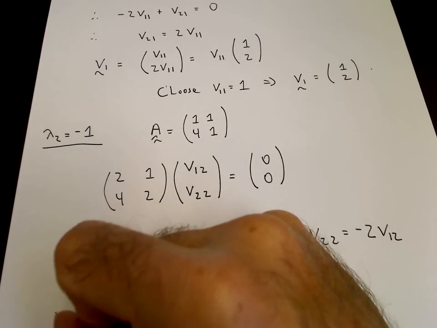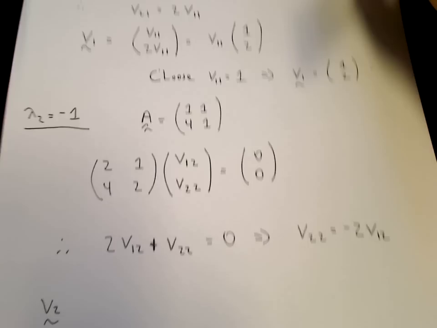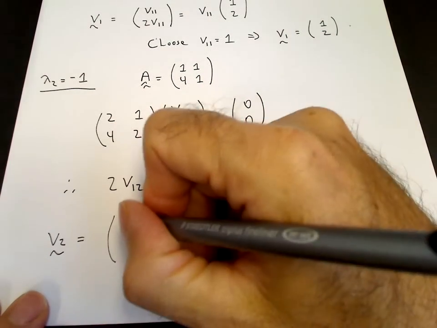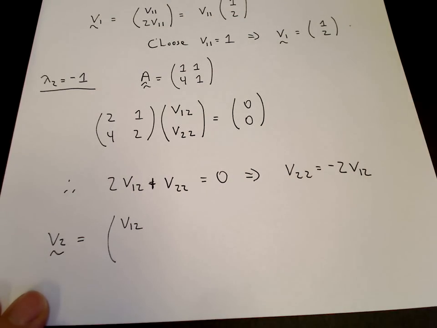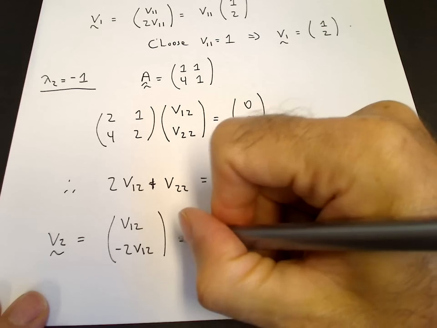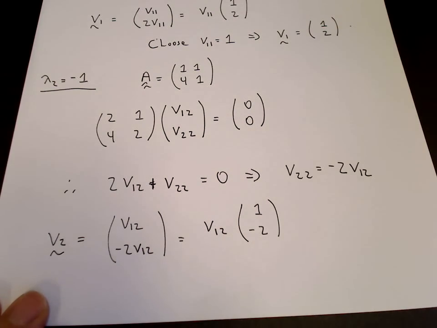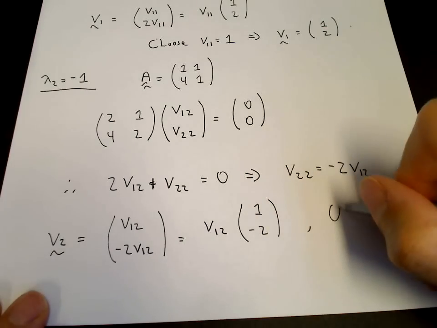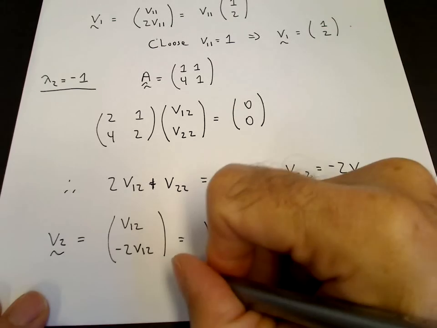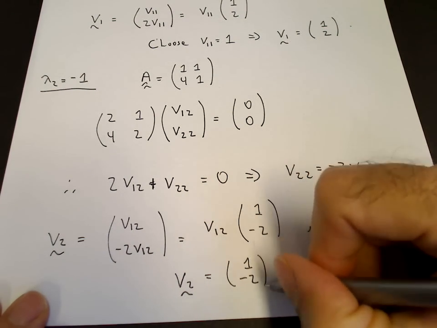So the second eigenvector, v2, is going to be equal to v12 and v22, which is minus 2 v12, which is v12 times (1, minus 2). So again, we can choose v12 equal to 1. So the second eigenvector becomes (1, minus 2).